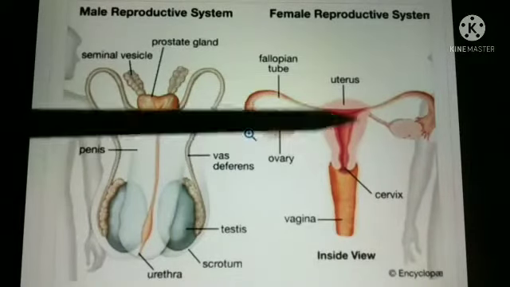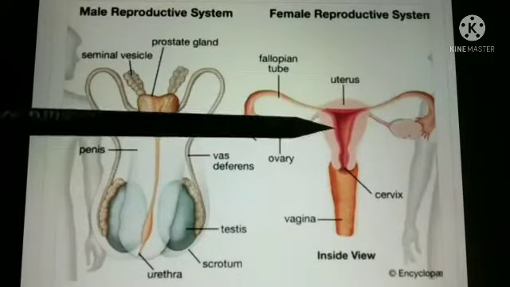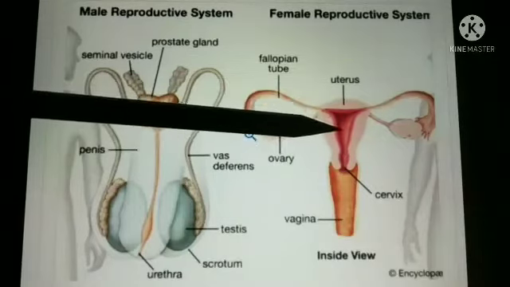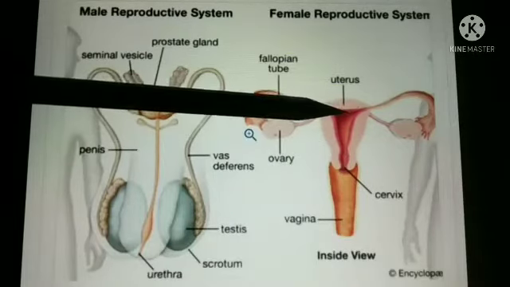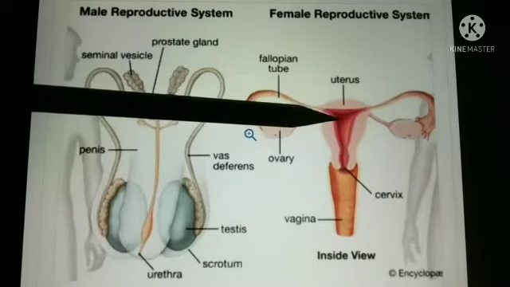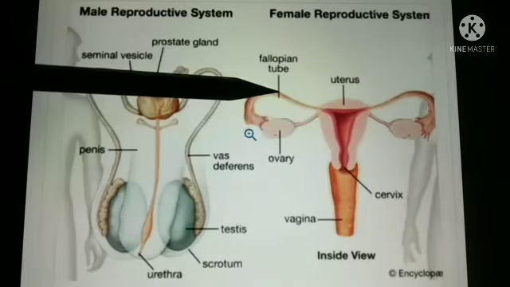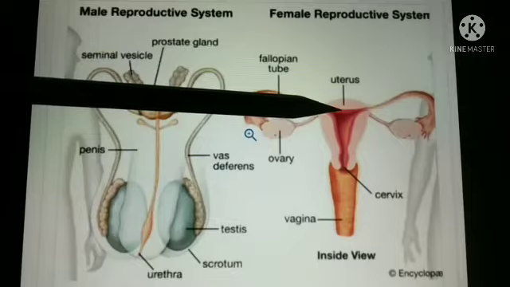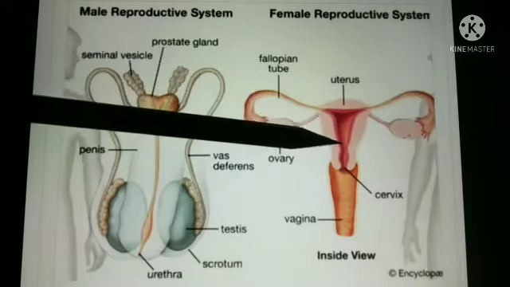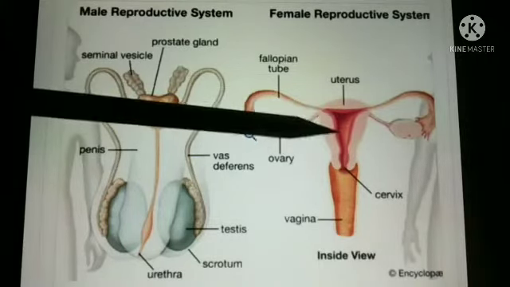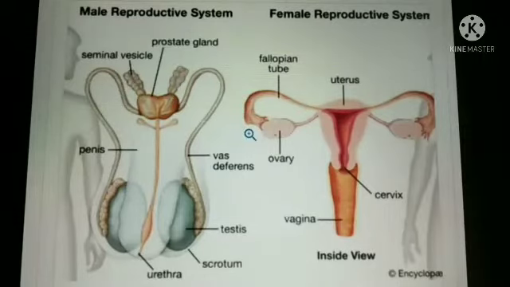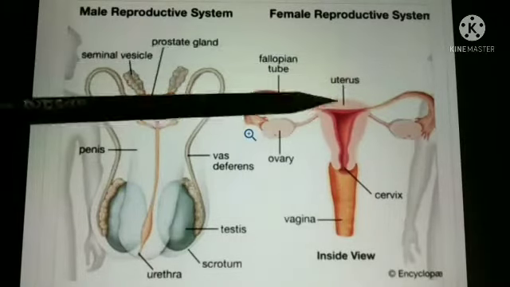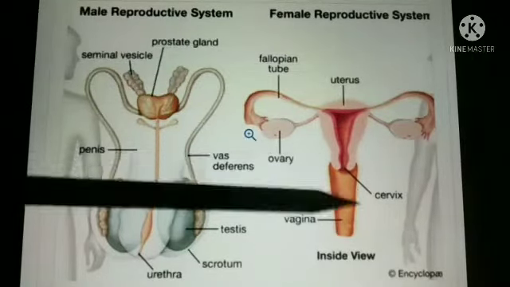Next we come to the uterus. The uterus is an organ also called the womb, where the fertilized egg cell implants and grows into the unborn baby, that is fetus, during pregnancy. Now let us see what is ovulation.